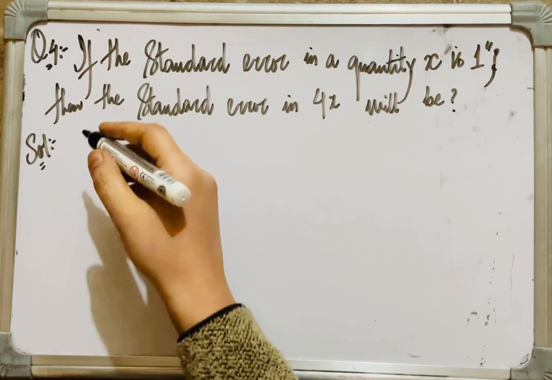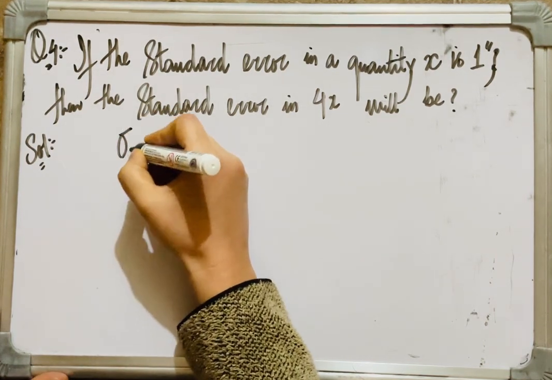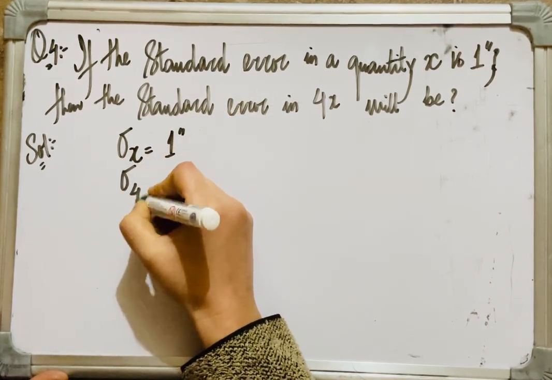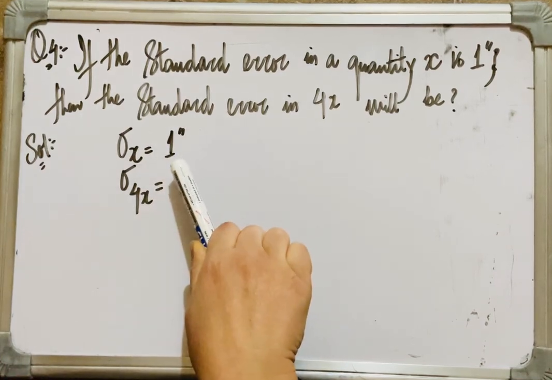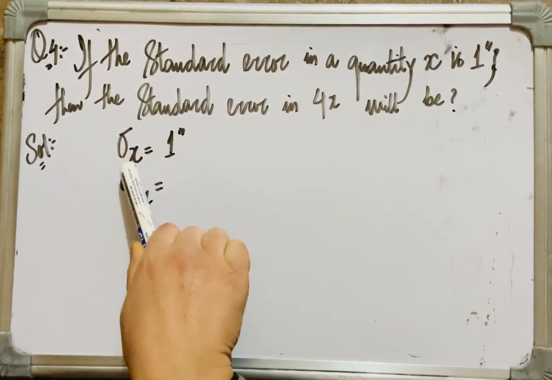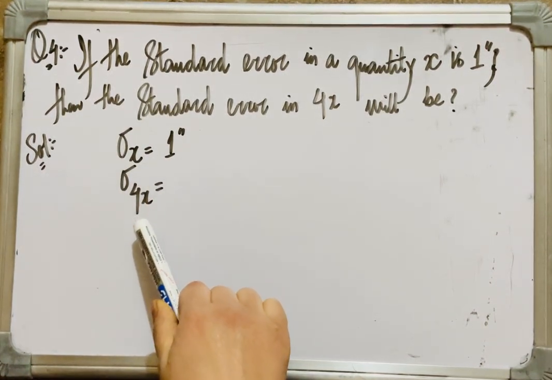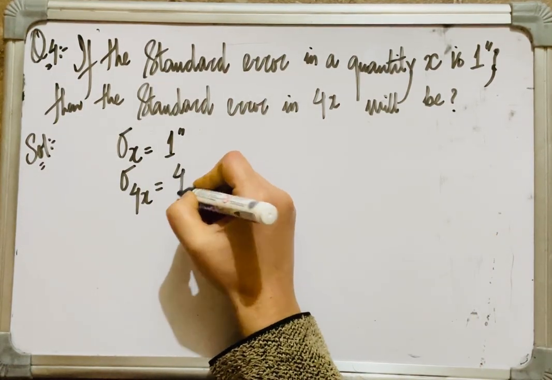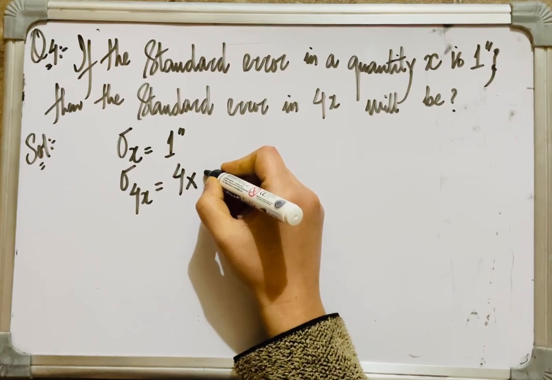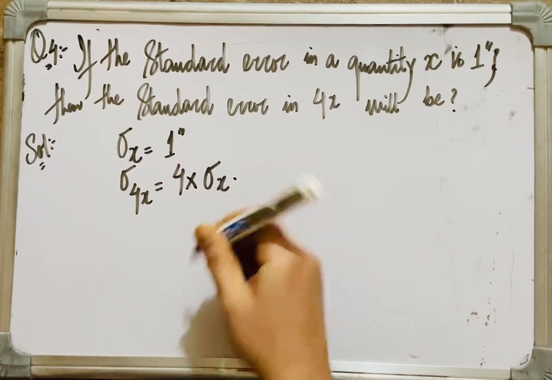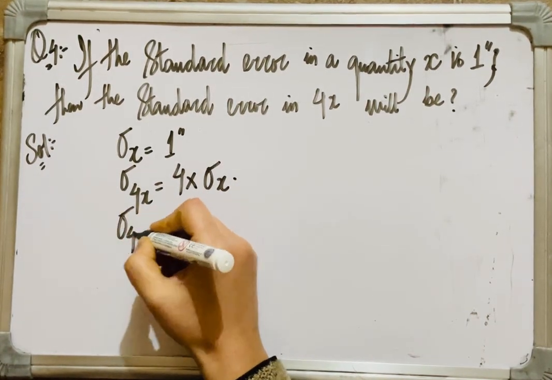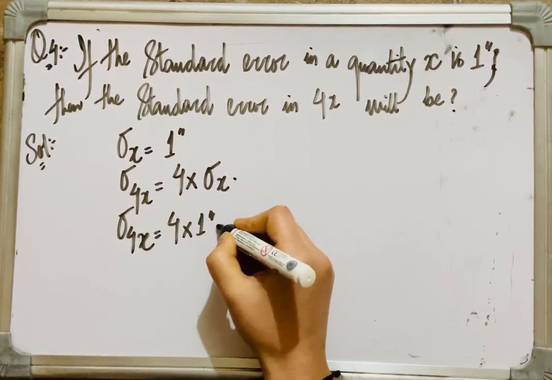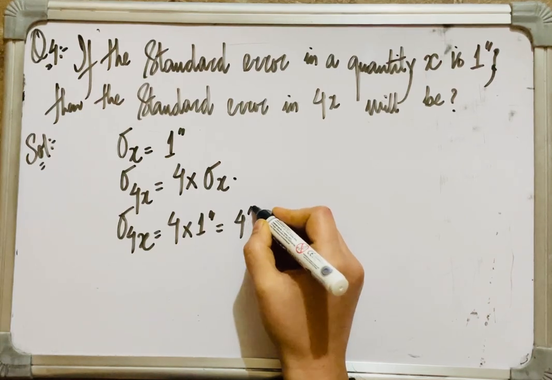That means if sigma in x is 1 second, then the error in 4x will be the error in the first quantity, sigma x, multiplied by the same constant by which that quantity has been multiplied. So it will be 4 times sigma x. All right, so sigma in 4x is equal to 4 multiplied by 1 second, that is 4 seconds.